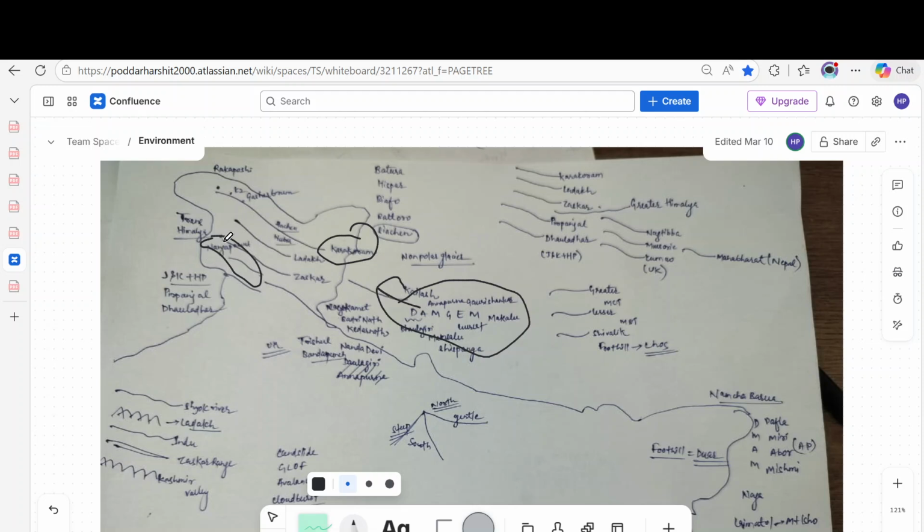So we started with Pir Panjal and Dhauladhar. Then we have Nagtibba, Mussoorie, Kumaon range, and this is all in Uttarakhand.